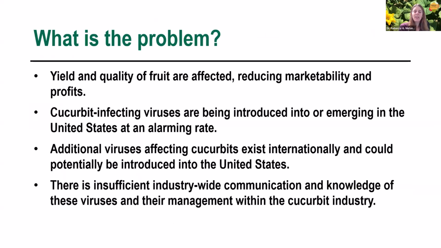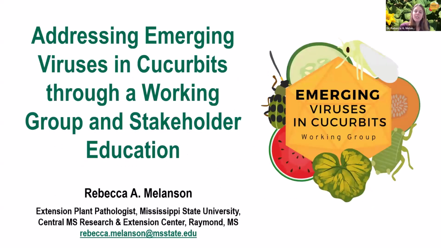So through discussion, it was determined that there was insufficient industry-wide communication and knowledge of some of these viruses and their management within the cucurbit industry, and that increased communication was necessary to try and help combat this problem. Which leads us to the Emerging Viruses in Cucurbits Working Group.